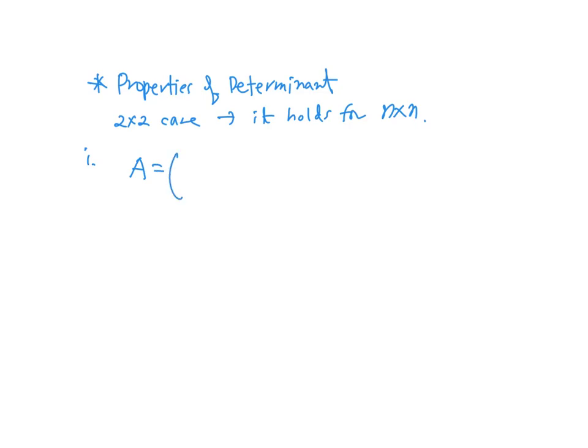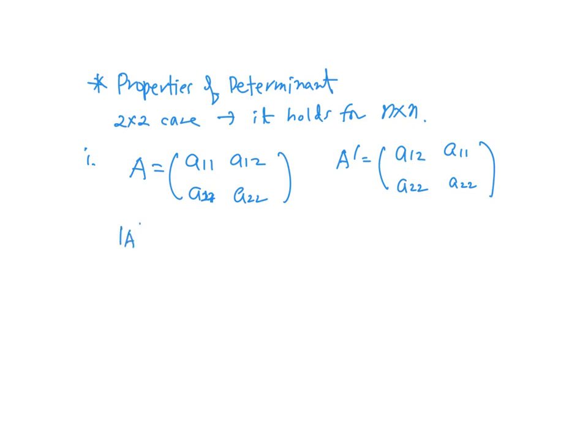Given A, you can change the columns: A12, A11, A22, A21, and check the determinant. Of course, we know that the determinant of A is A11 A22 minus A12 A21 for 2 by 2.